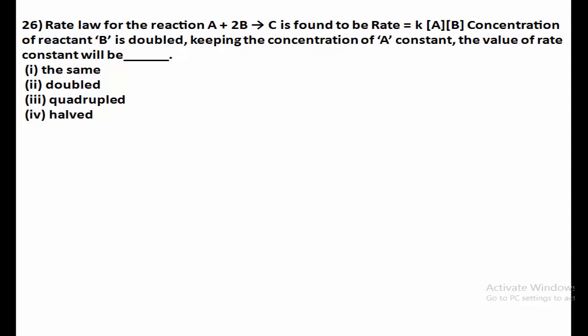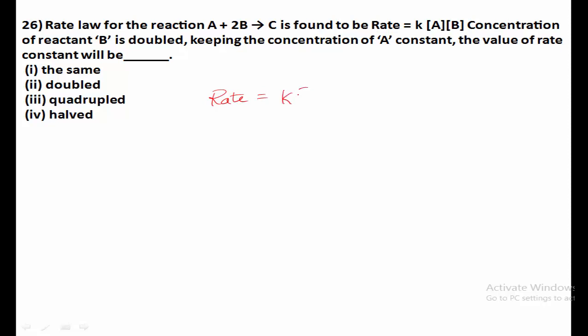Then 26th, rate law for the reaction A plus 2B gives C is found to be rate is equal to K into concentration of A into concentration of B. Concentration of reactant B is doubled, keeping the concentration of A constant. The value of rate constant will be. So what does it become? Here we can write the rate expression or rate equation.